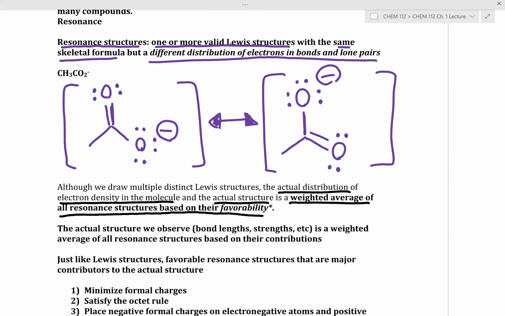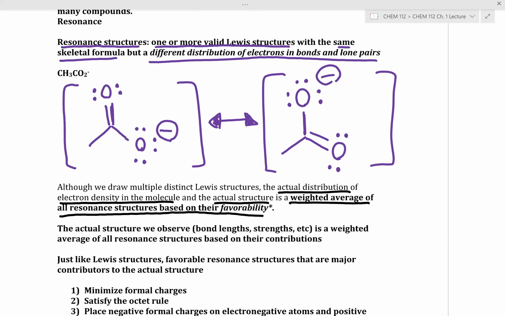Basically what happened between those two is you switched the two oxygens, so we have different electron pairs. Yes, we changed the location of our double bond from the topmost oxygen to the bottommost oxygen, and we'll talk about the logic behind how to draw resonance structures in a moment.